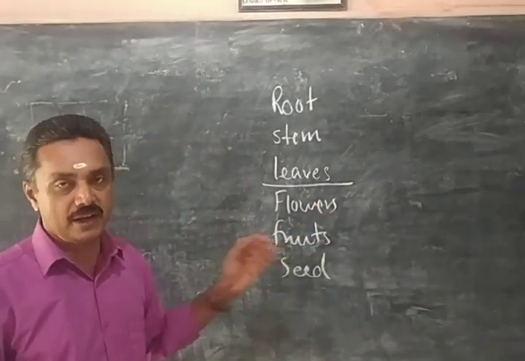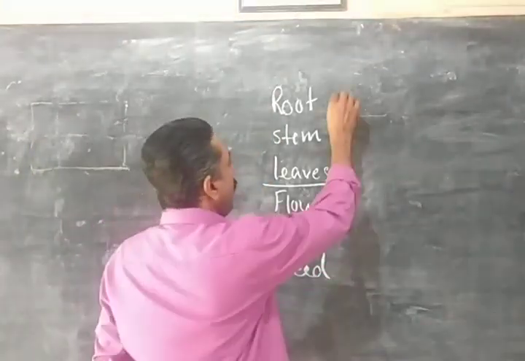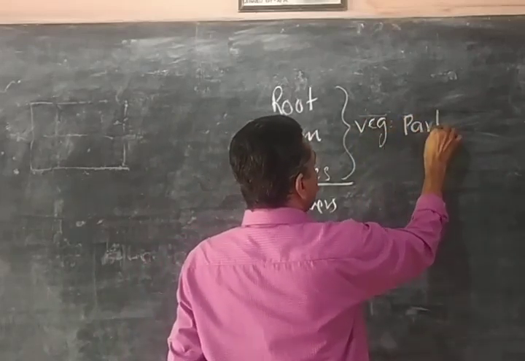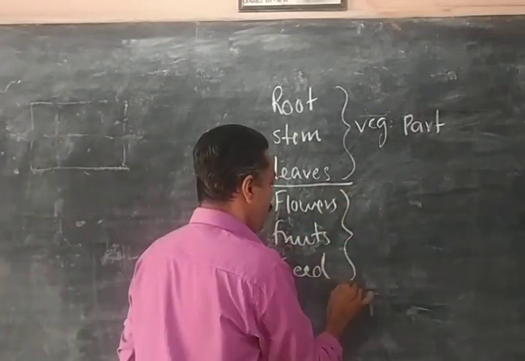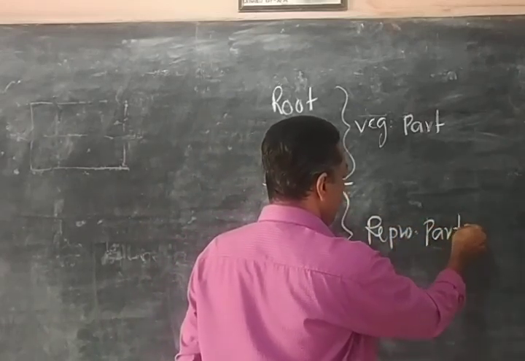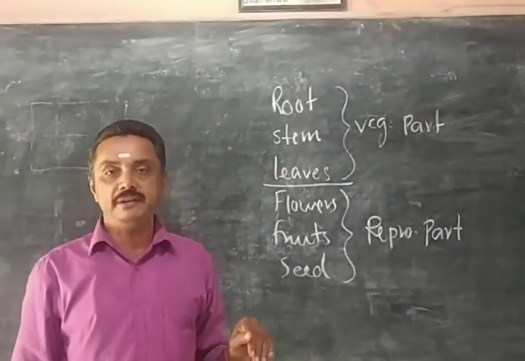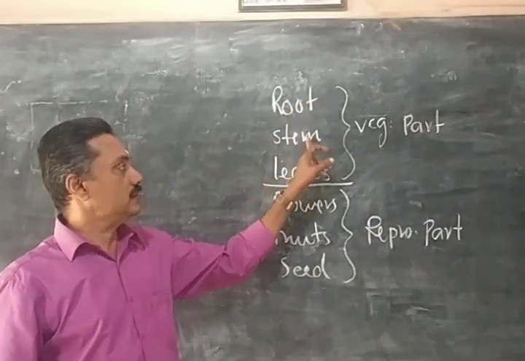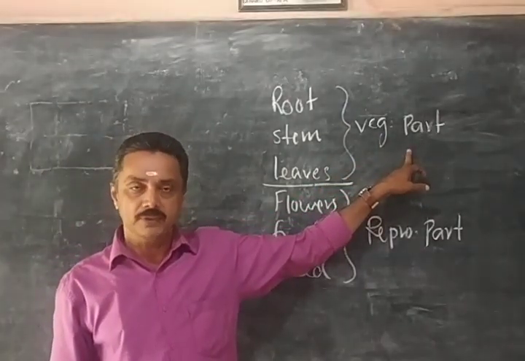The first 3 parts, stem, root and leaves, are called the vegetative part of the plant body. And flowers, fruits and seeds are called the reproductive part of the plant body. So remember that a typical flowering plant, an angiosperm, consists of 6 portions: root, stem, leaf are called the vegetative part of the plant body.